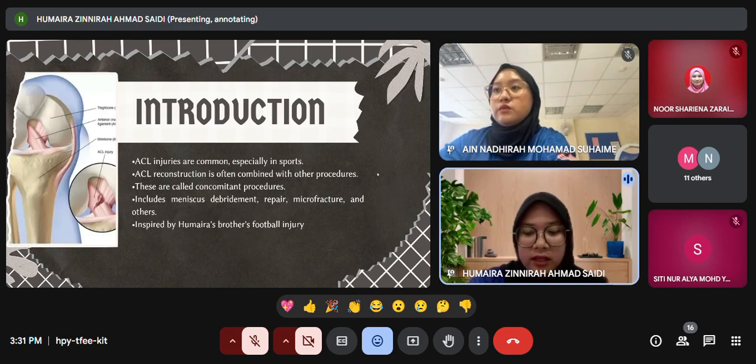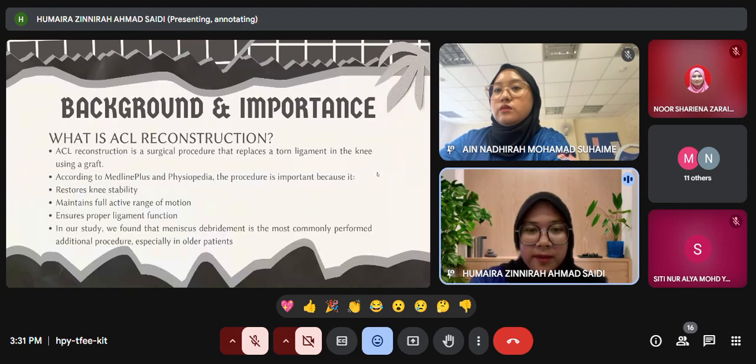So the next slide. For the background and importance, let's briefly define ACL reconstruction. According to MedLife Plus, it is a surgery to reconstruct the torn ligament in the center of the knee using a graft.